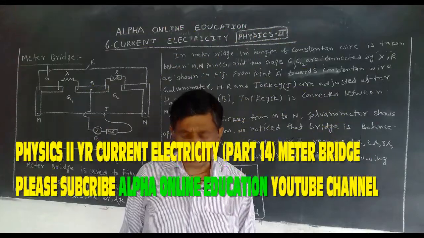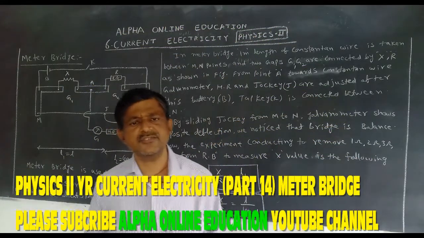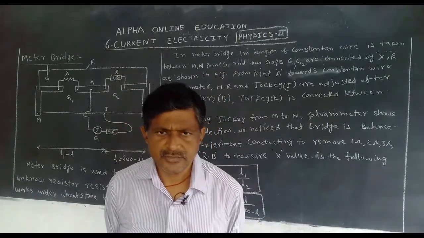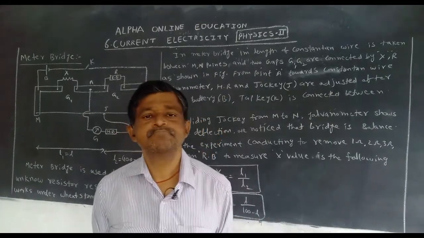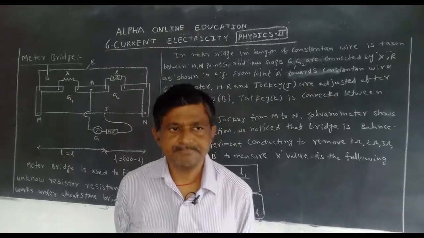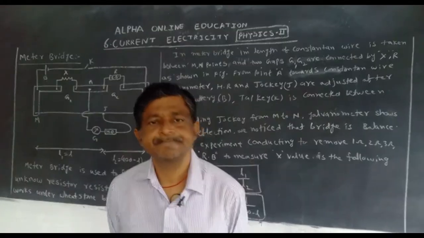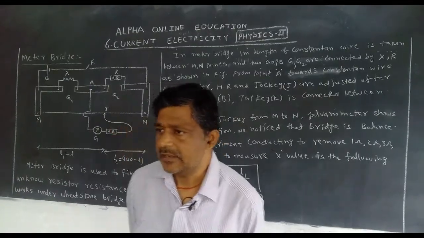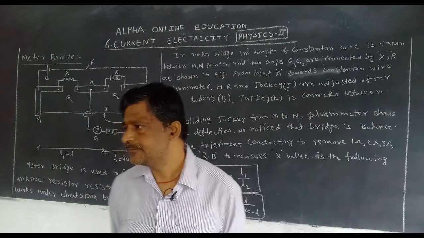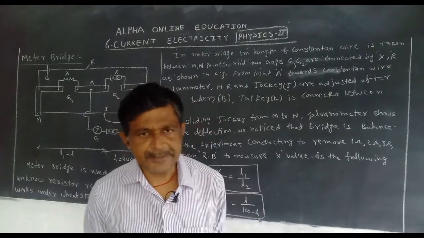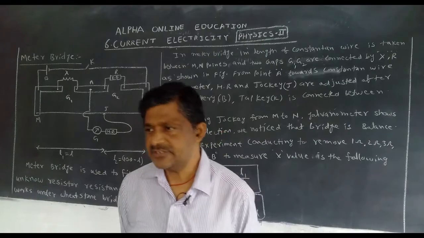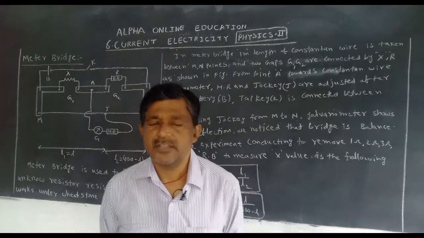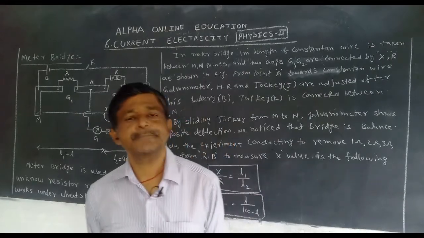We have studied the important questions, that is Kirchhoff current law and Kirchhoff voltage law. Kirchhoff current law is used to find the current in a complex circuit, and Kirchhoff voltage law is used to find potential difference and EMF of the cell in a complex circuit.